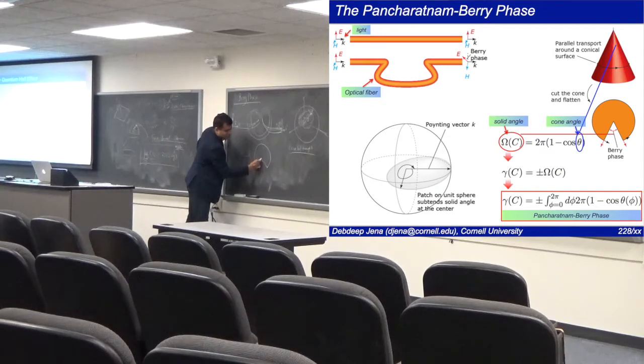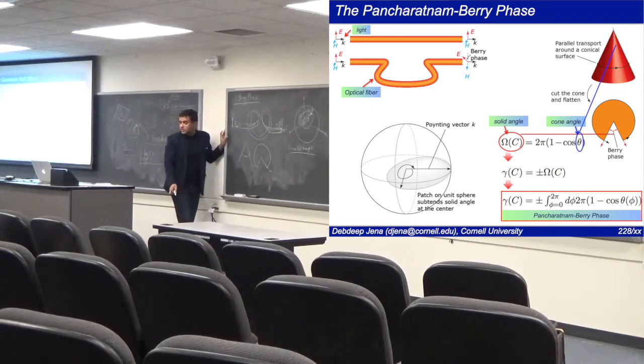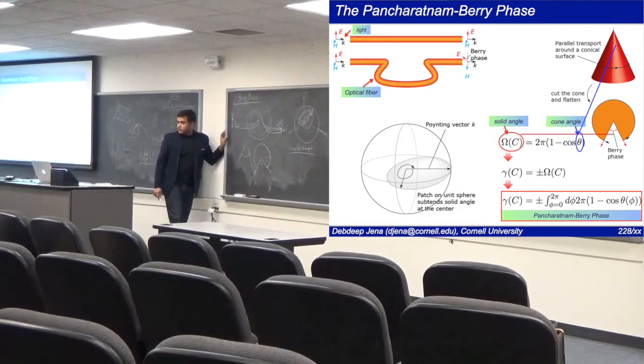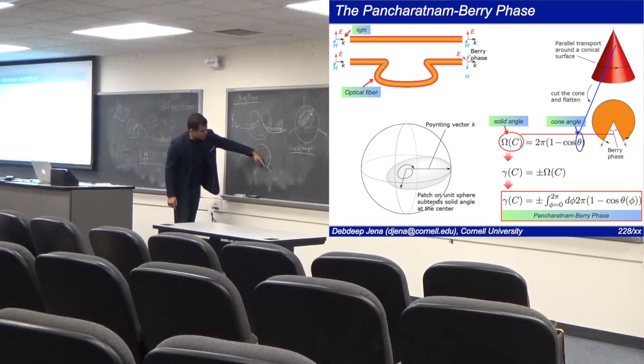Let's say my vector was pointing in that direction when I started, and I go around, and it's always normal to the tangent. So when I come back here, you see there's a difference, and that's your angle. That's called parallel transport. You don't twist it with respect to, say, this angle.